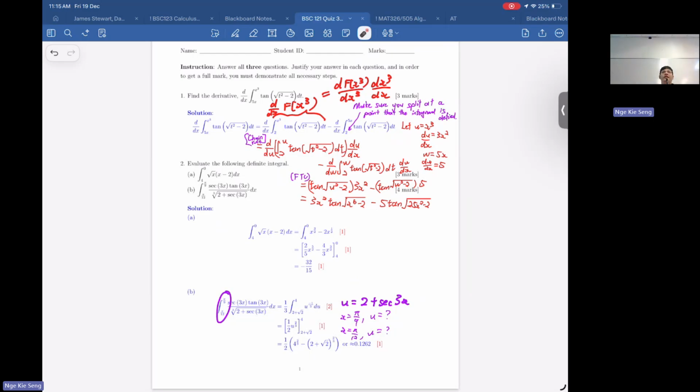Very good. Any more questions? Do you want to go into differential equations this week or next week? Maybe we vote.